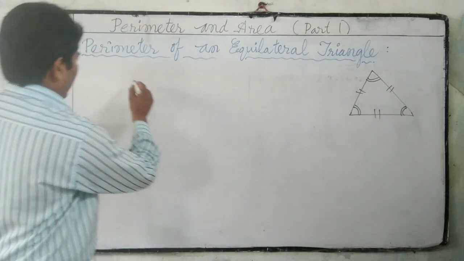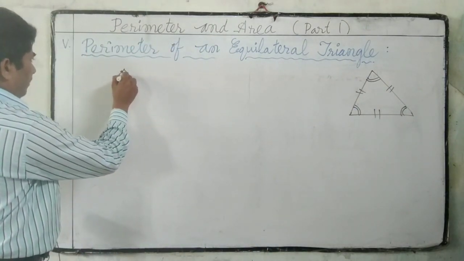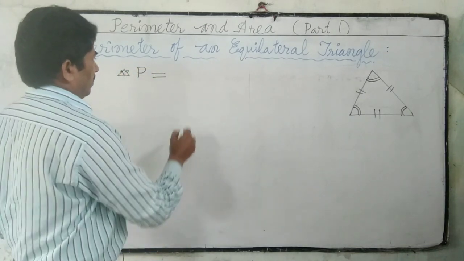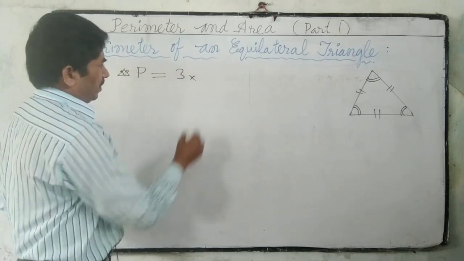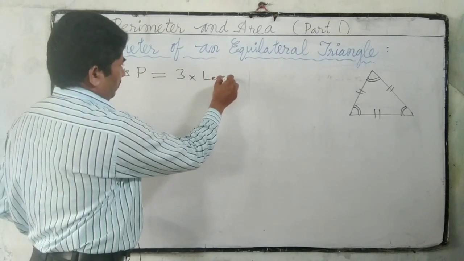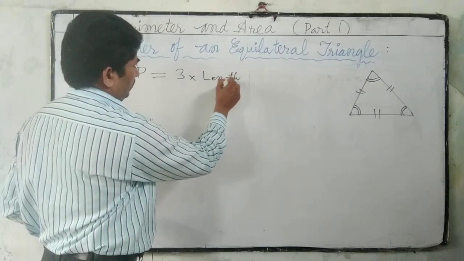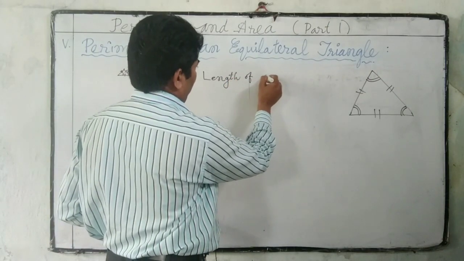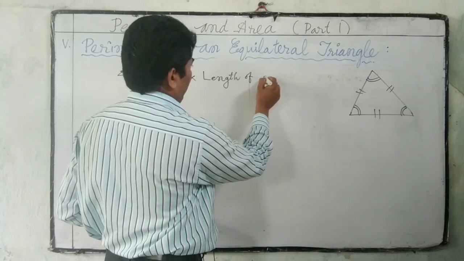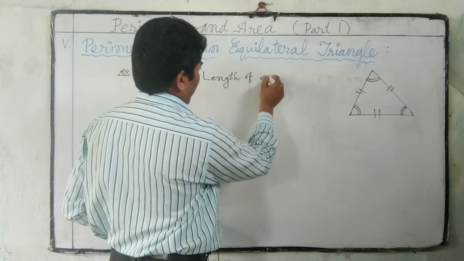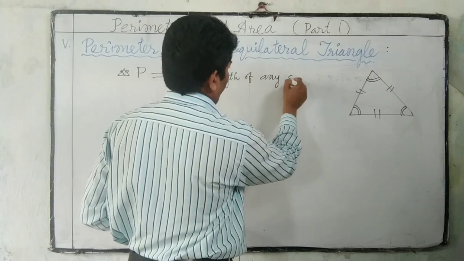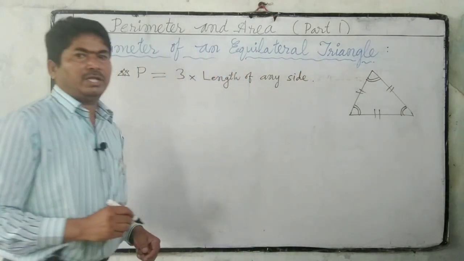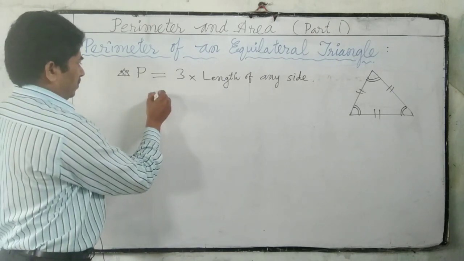So perimeter of an equilateral triangle, P is equal to 3 into length of any side.